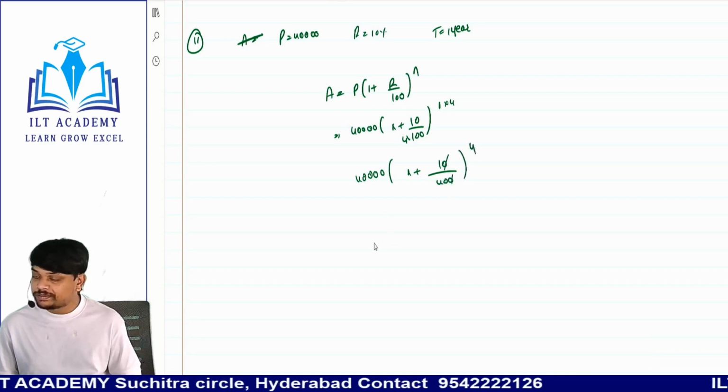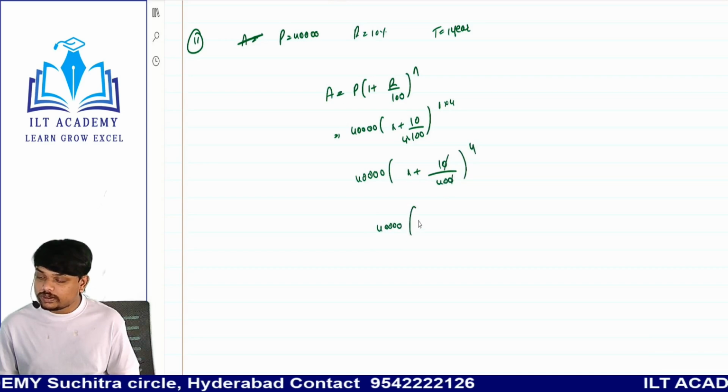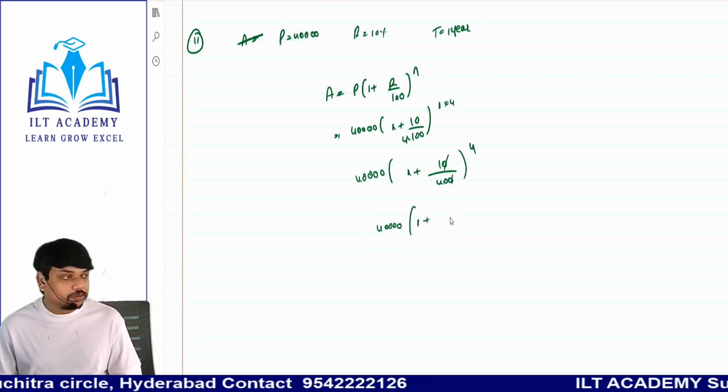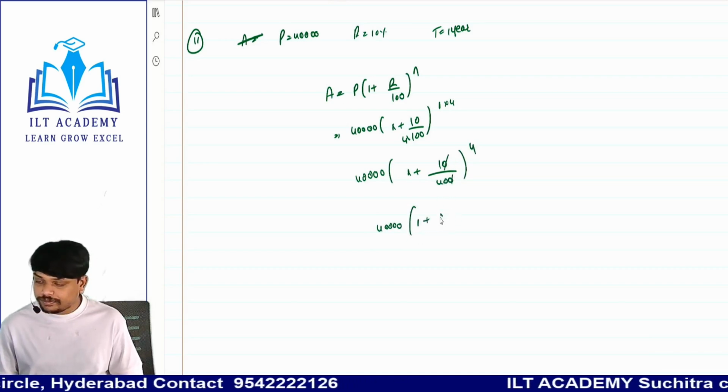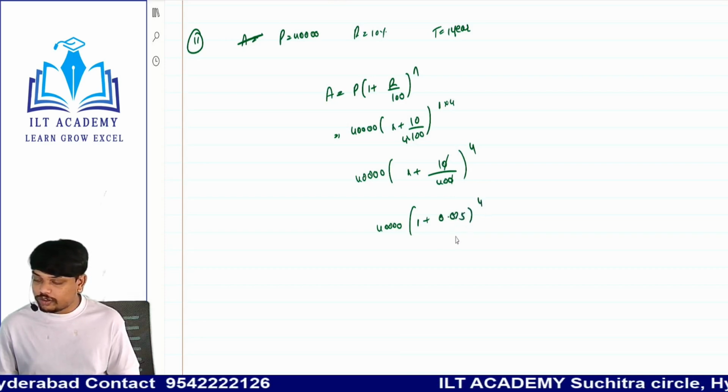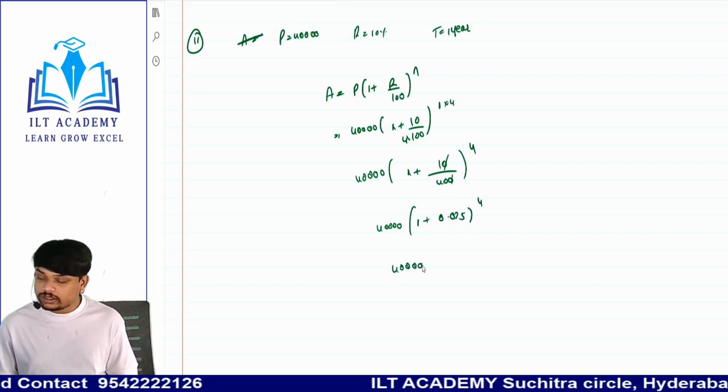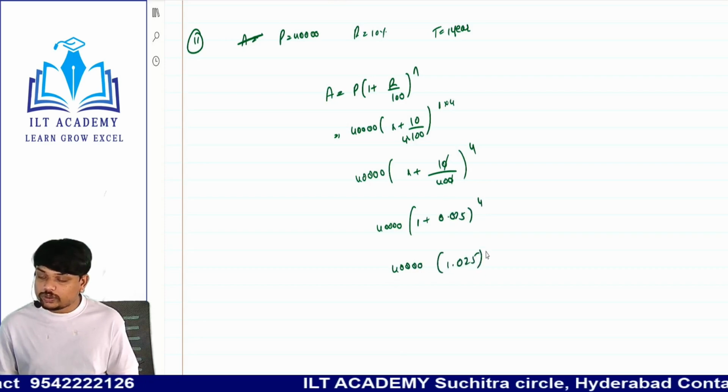The zeros cancel. So 40,000 into (1 plus 1 by 40), which is 0.025, whole power 4. So 40,000 into 1.025 whole power 4.